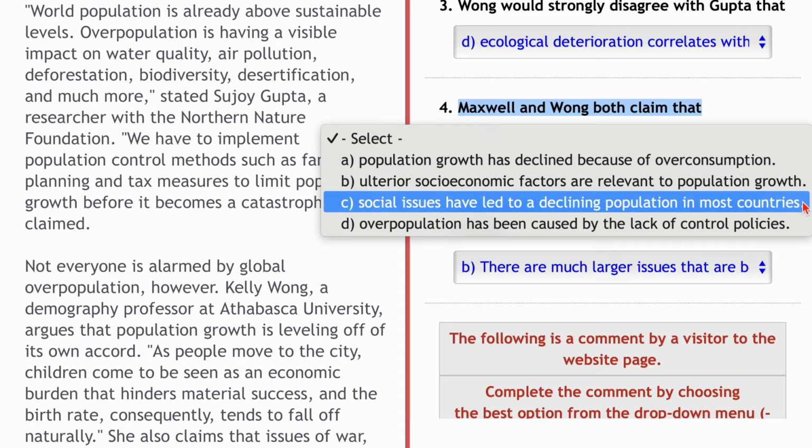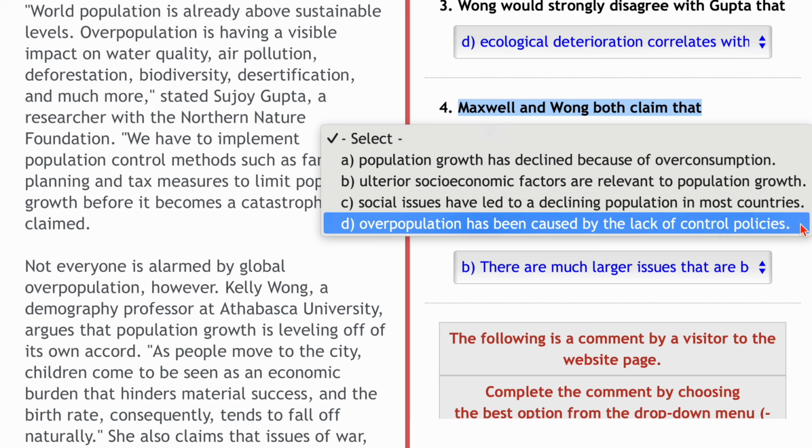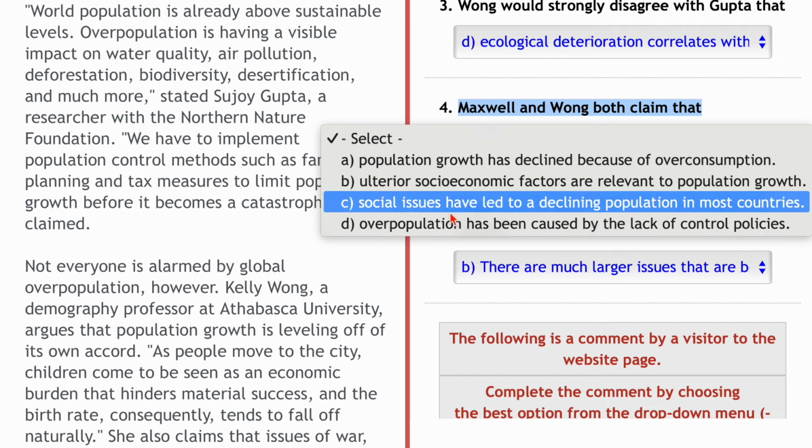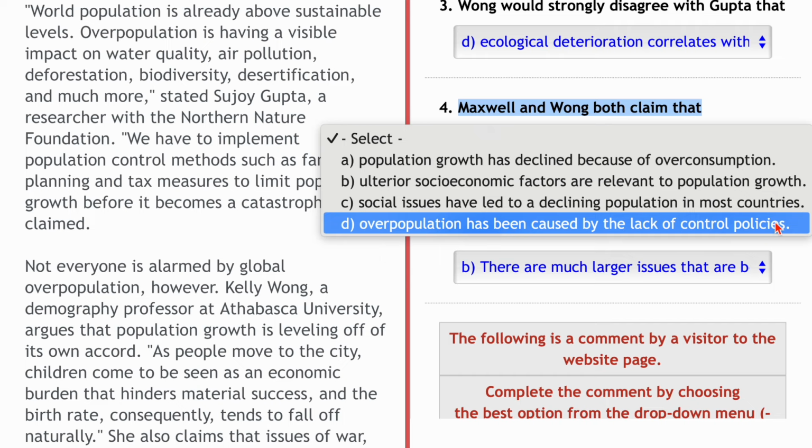Social issues have led to a declining population in most countries. Overpopulation has been caused by the lack of control policies.